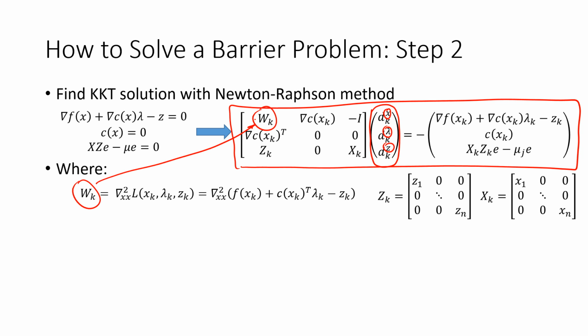It's just the second derivative, or the second gradient, of the Lagrangian. So that includes all of these terms right here. We're going to differentiate it twice with respect to x. And then capital Z and capital X are just the diagonals of those x and z matrices. We're just going to put those right there.